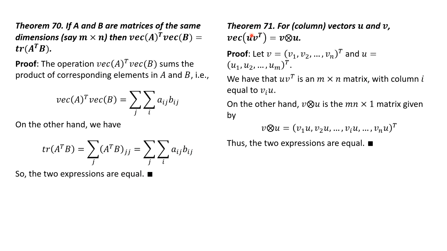Then the second theorem relates vec and the Kronecker product, and it tells us that if we have two column vectors, u and v, the vec of u v transpose equals the Kronecker product of v with u.